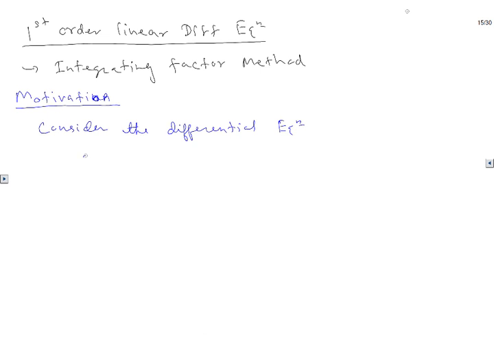Let's say x² dy over dx plus 2xy equals, let's say something, cosine x plus 1. I just pick that function for the moment. The function on the right side can be any function of the independent variable.